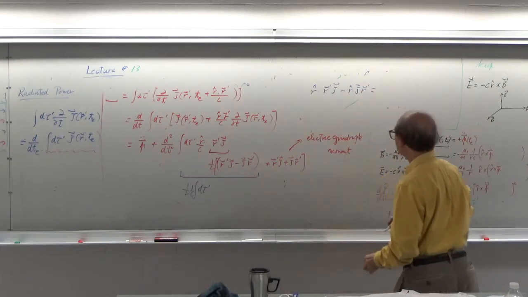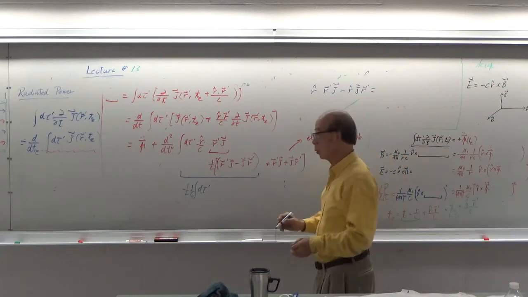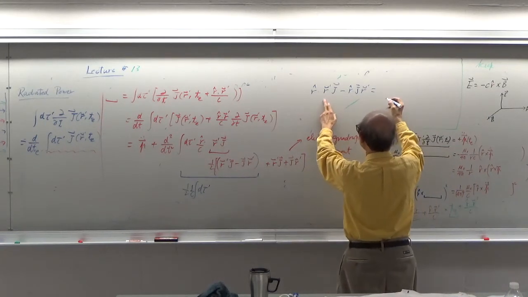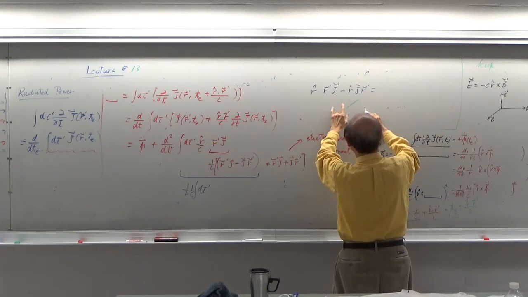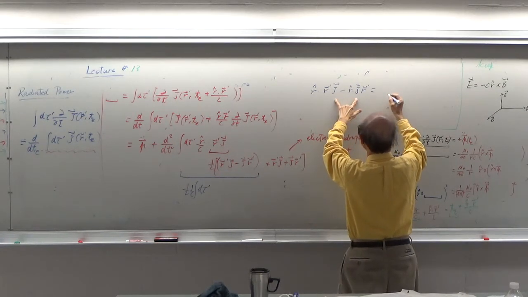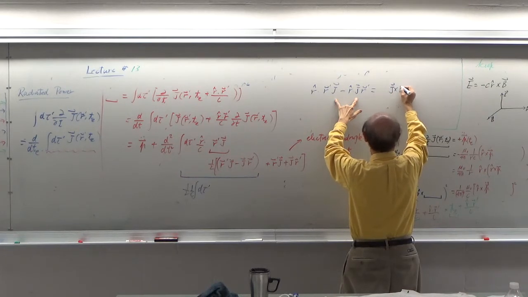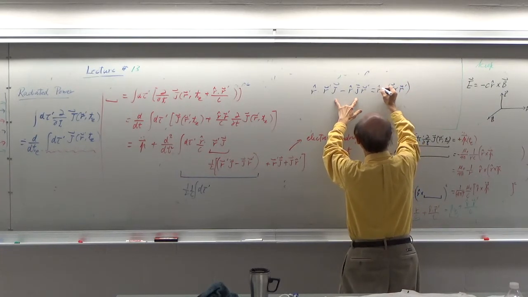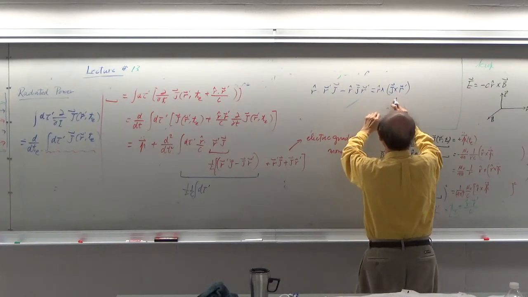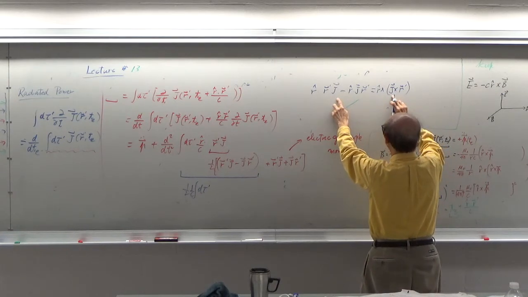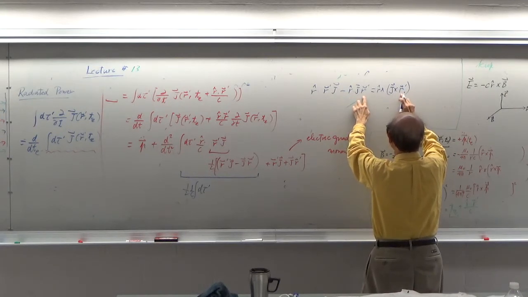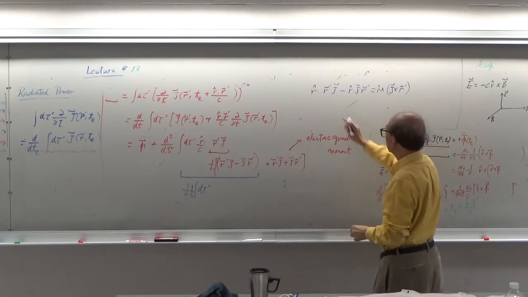What's that? That looks like a triple cross product. Namely, this is in the direction of J, this is in the direction of R prime. So this is J cross R prime, R hat cross that. So the two terms in this triple cross product: one in the direction of J, given by multiplying by R hat dot this, and another one in the direction of R hat, R prime multiplied by this dot that. That's correct. So this is equal to that.